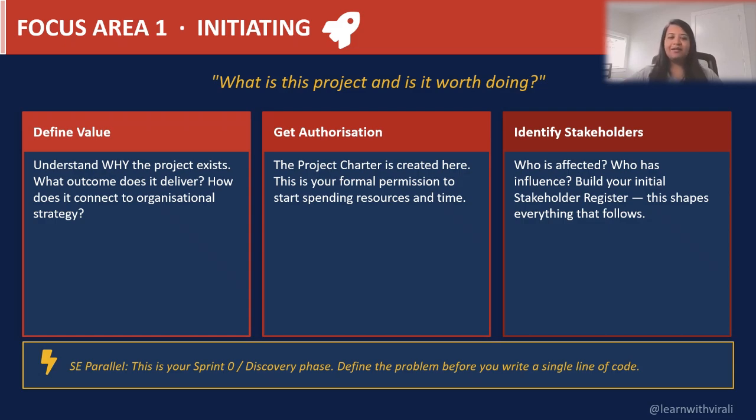Number 1, the value gets defined, as in before you even write a single line of code or a single line of requirement, you assign a single task to yourself to understand a big question like why this project even exists, what is the outcome that it produces, and how it connects to the organization's value proposition. So that is the first step, wherein we define the value of the project, understanding why.